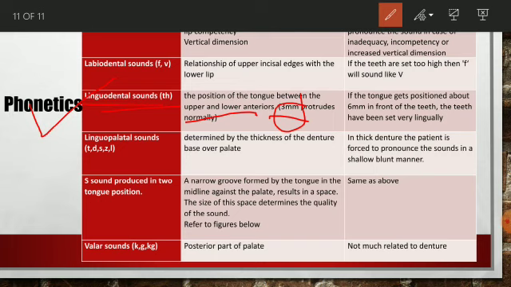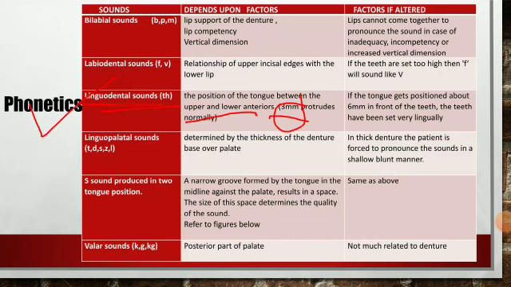Now just imagine whenever you give a patient a denture which is much thicker in the palate area. In that case, with a thick denture, the patient is not able to pronounce T and D sounds.